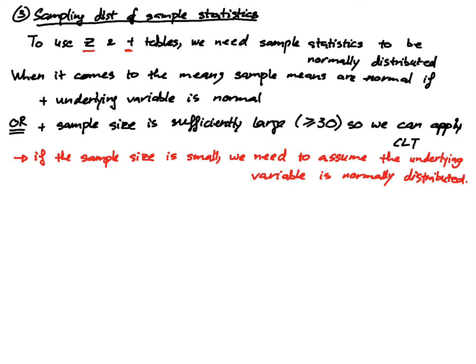Now the last thing I want to talk about is what's called the rejection region. Let's first look at upper tail tests.